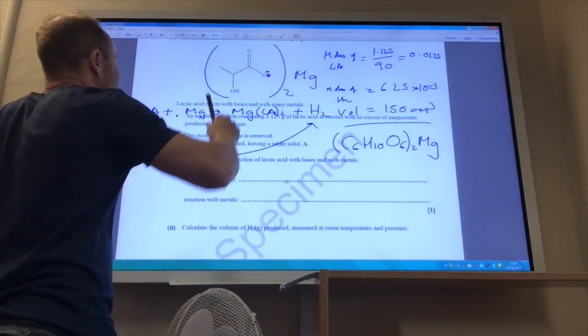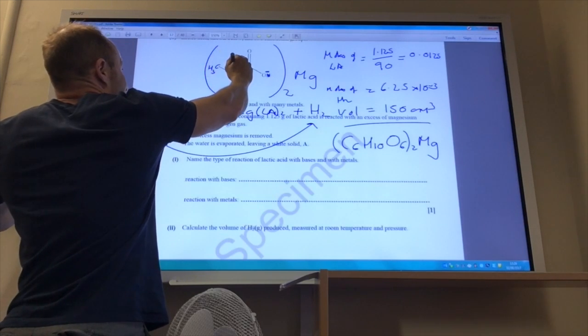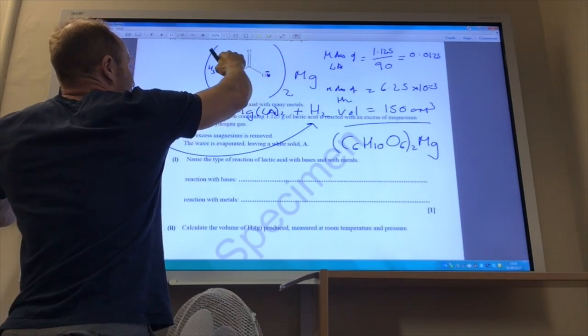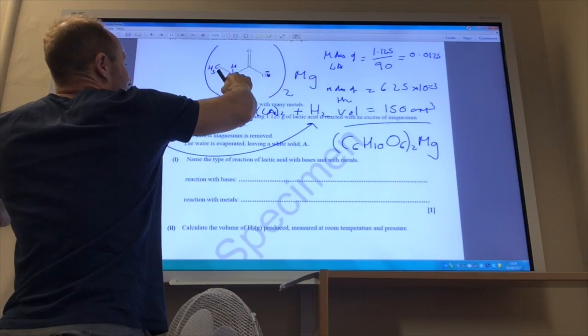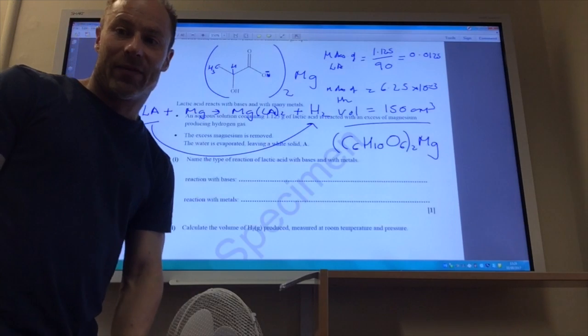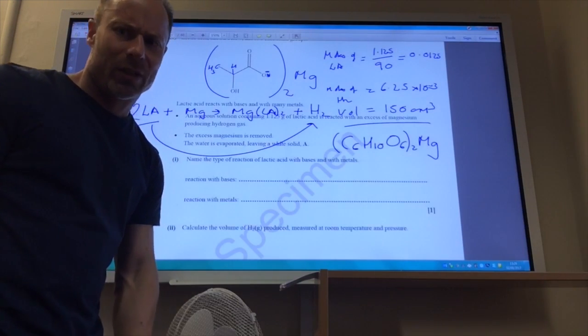Just to make sure you're happy, you've got 3, because that's a CH3 group there. You've got an H coming off there, and obviously you haven't got there, so 3, 4, 5 hydrogens there. And because you've got 2 of those, that gives you 10. The mark scheme seems to think it's 12 for some reason, which I don't think is right.